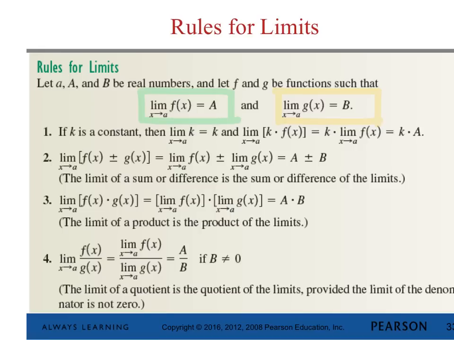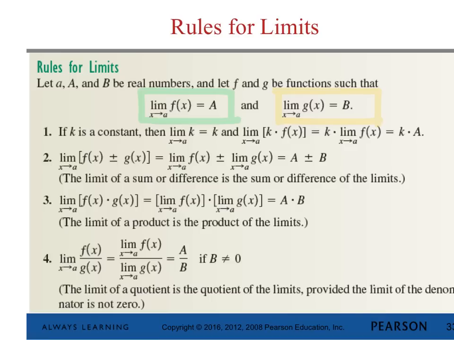What we know about that is that if it's a constant that we've multiplied times f of x, then we're going to multiply the limit by that constant.